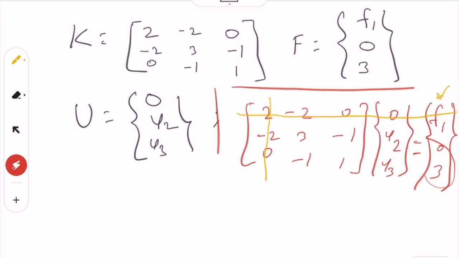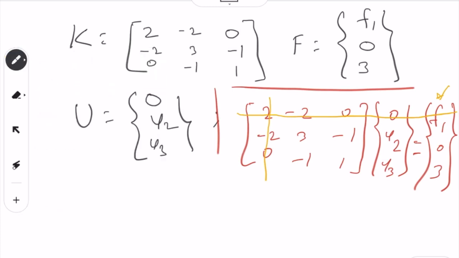Means the second and third equations we are going to solve, and we know that in both the equations the coefficient of u1, since u1 is 0, is going to multiply to this one, hence it has no meaning. So we can actually write equations 2 and 3 as follows.